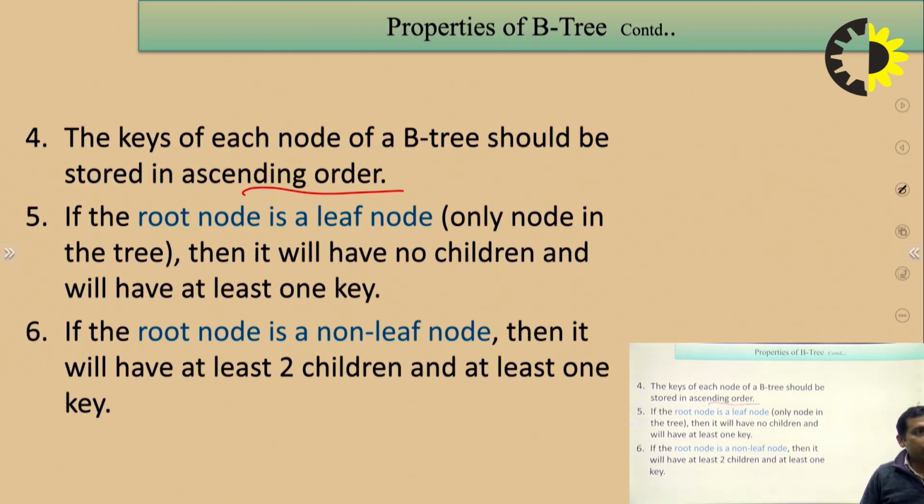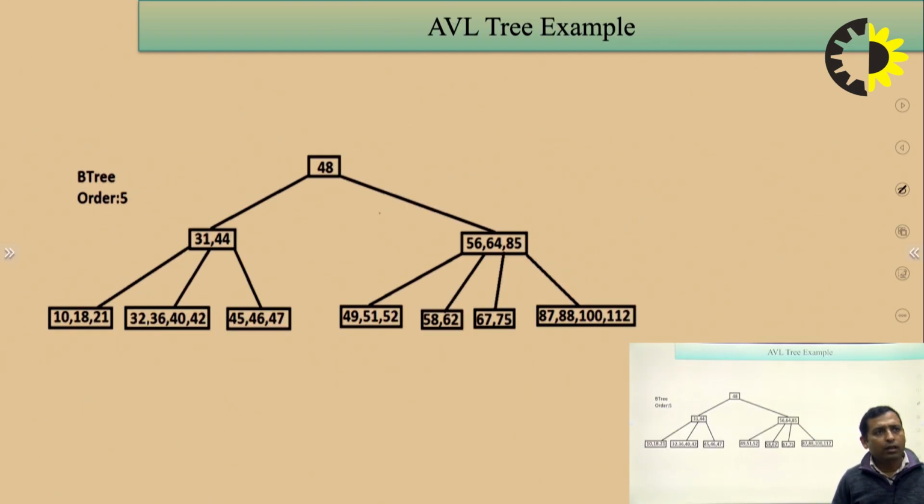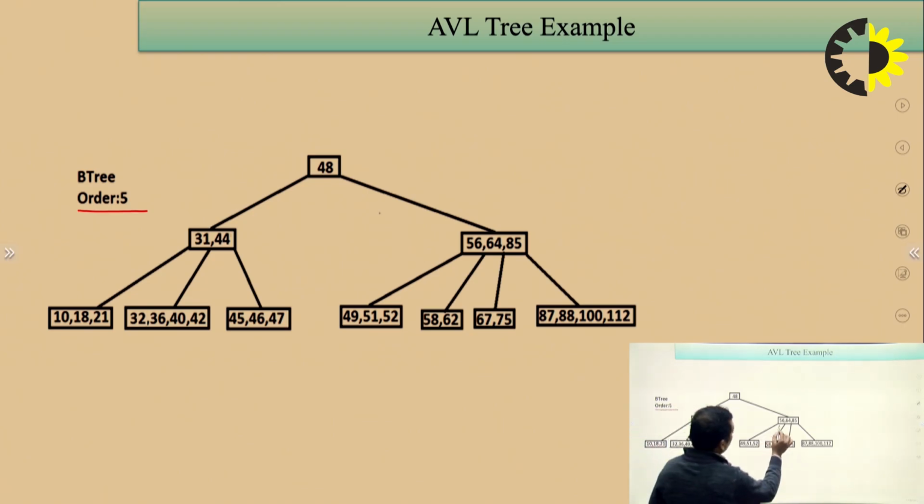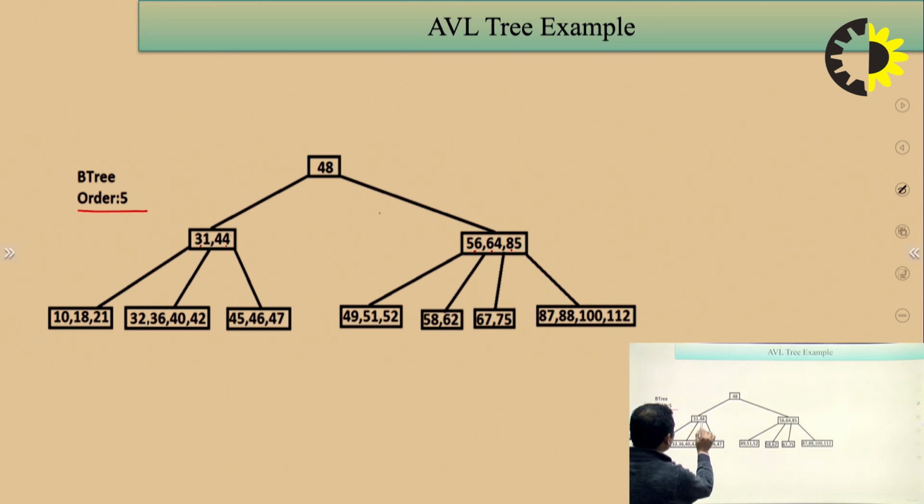Now let us begin with an example of how a B tree looks. If the order of the B tree is 5, then we can say this is a B tree. Here we see multiple key values in a single node: here 3 values, here 2 values, here 4 values in a single node.